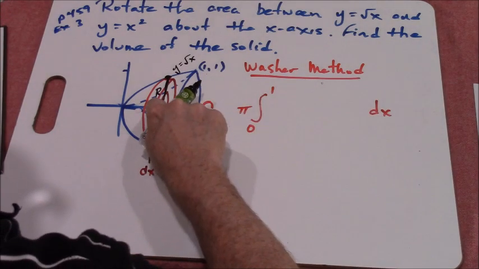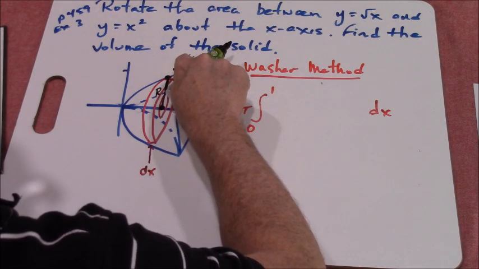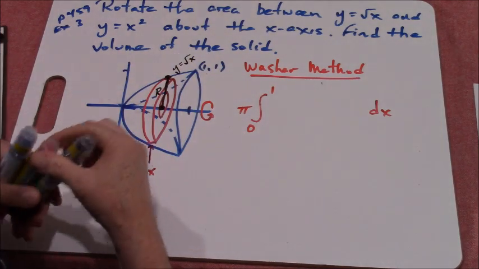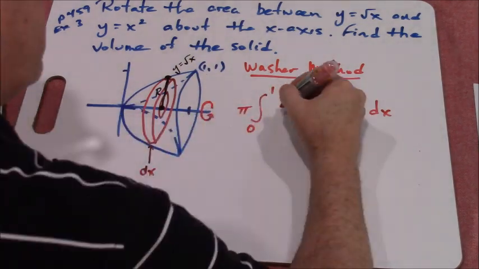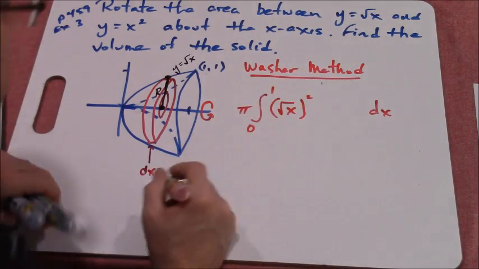So if the y-coordinate is the radius and y is equal to the square root of x, that's my large radius. So I want the square root of x squared.